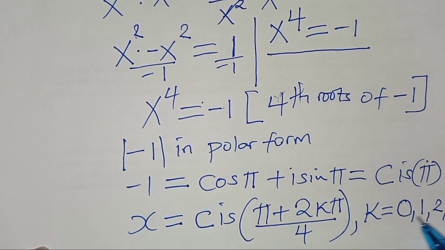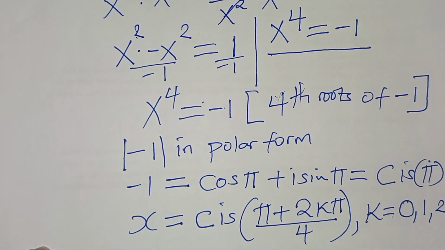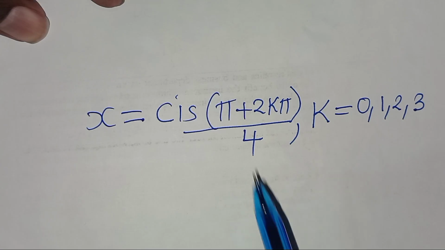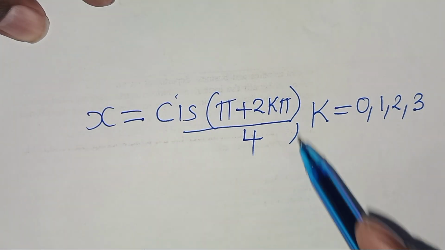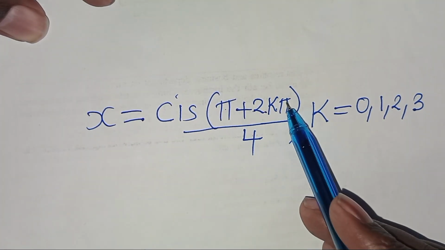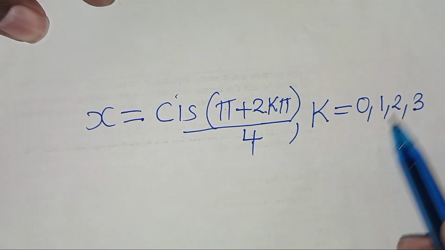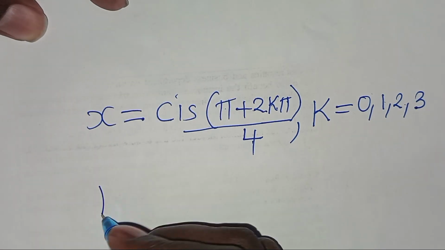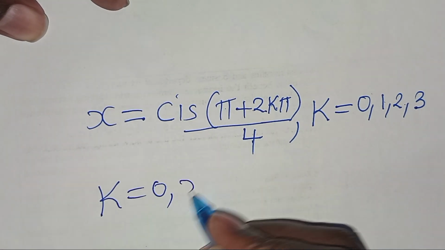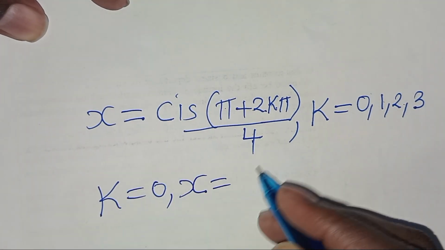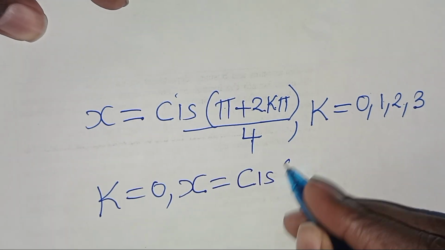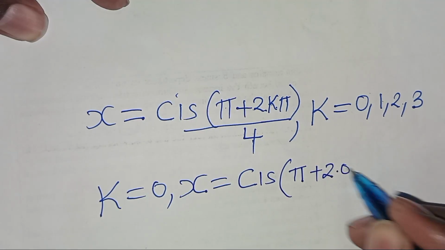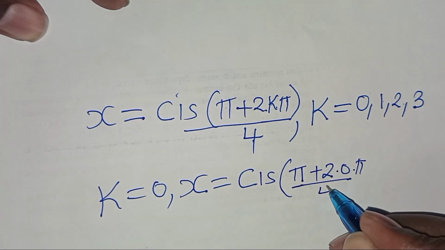So these are four roots. Now let's solve for the values of x. When k is equal to 0, x is equal to cosine plus i sine of pi plus 2 times 0 times pi, divided by 4.